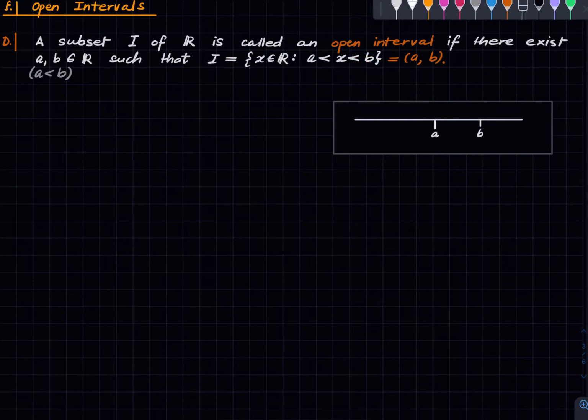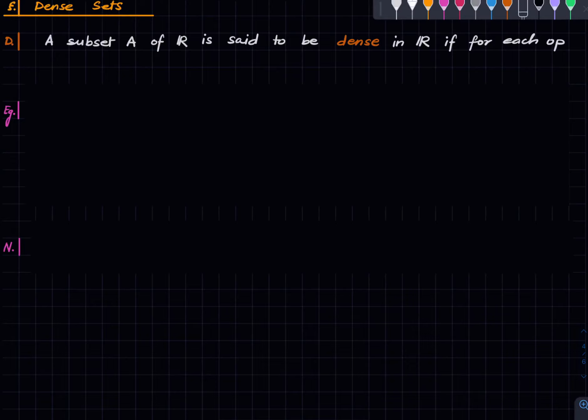Okay? Fine. So a subset A of R is said to be dense in R if for each open interval I of R we have that the intersection of I with A is non-empty.